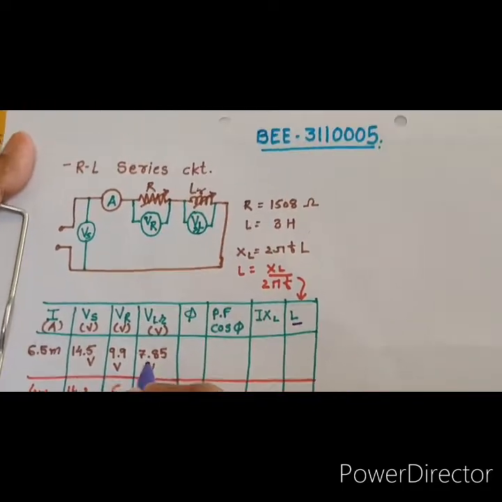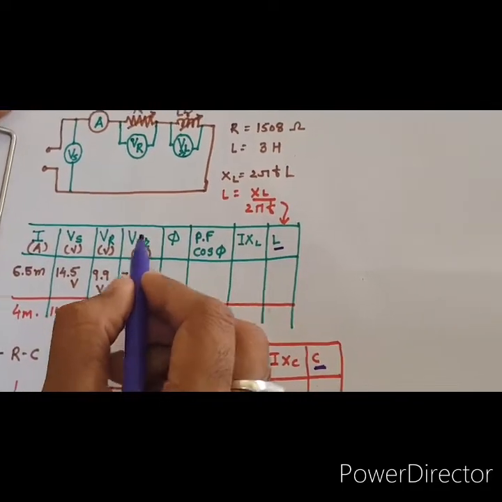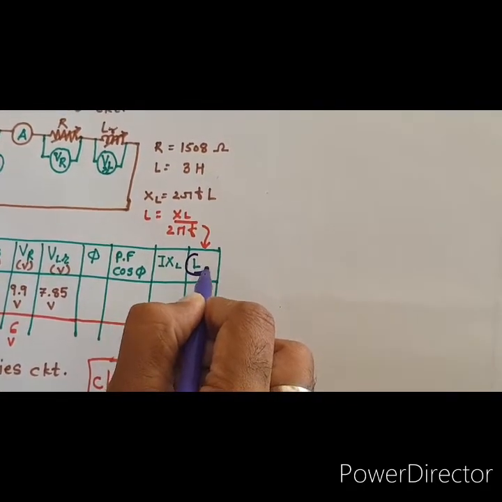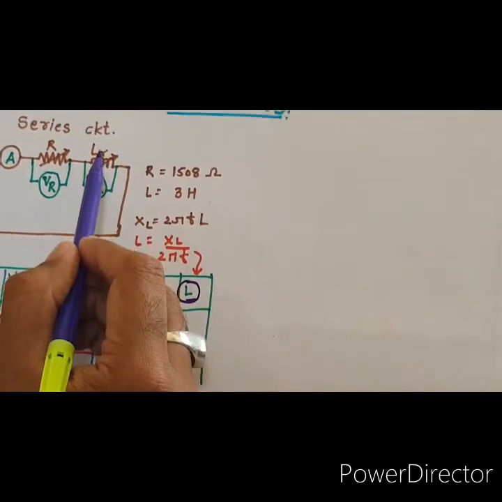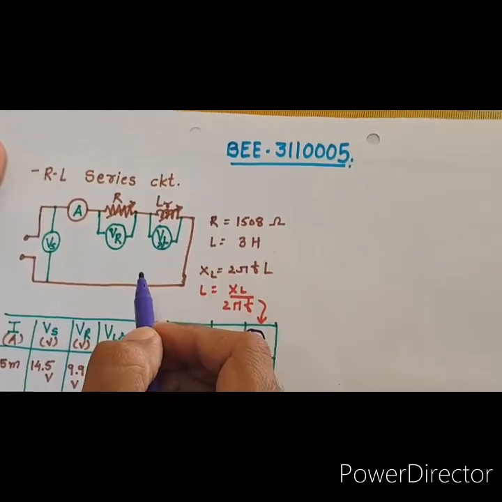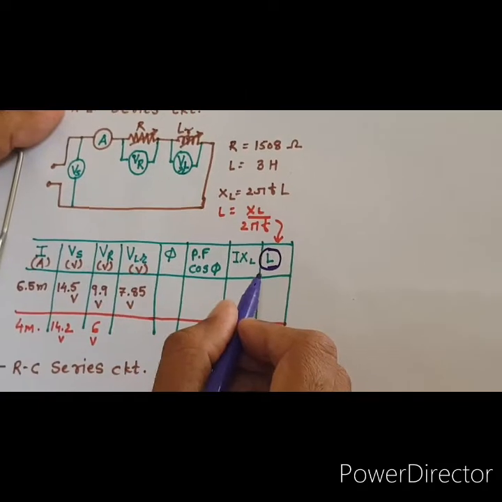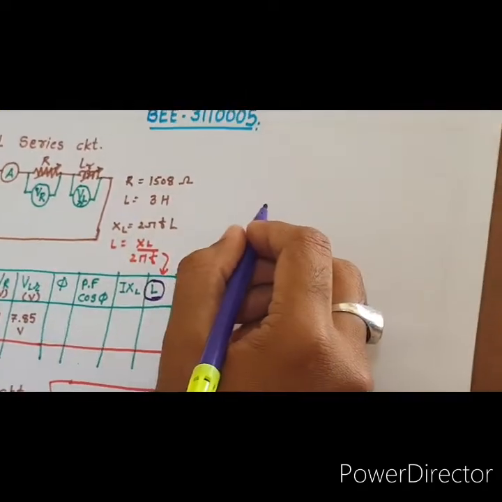Now we are going to measure the value of pure L, the inductive value of this particular choke coil, by the graphical method. The steps are like this.